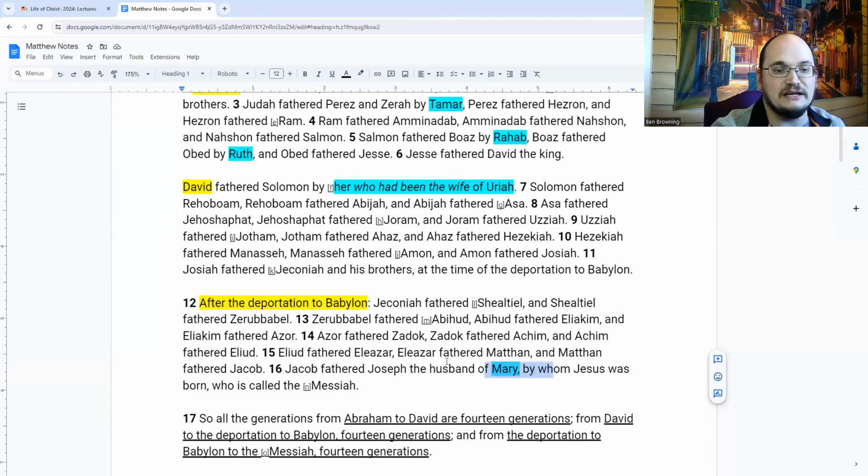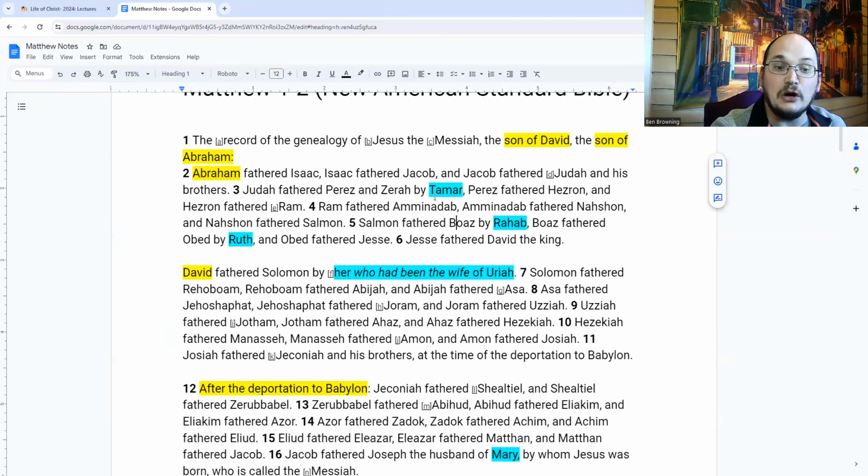Again, the problem with that particular view, that these four women were setting up that Mary is going to be falsely accused of having sex outside of marriage, is that it's not at all clear that Ruth's actions were seen as sinful, or that Tamar's actions were seen as sinful, or that there's any sexual sin in Ruth or Tamar. And then it is debatable to what extent Bathsheba had a say in her particular encounter.